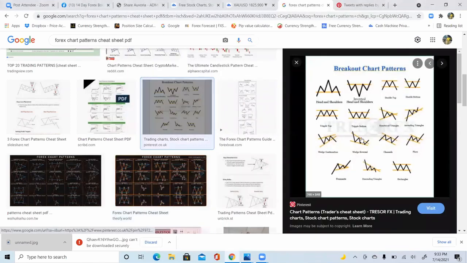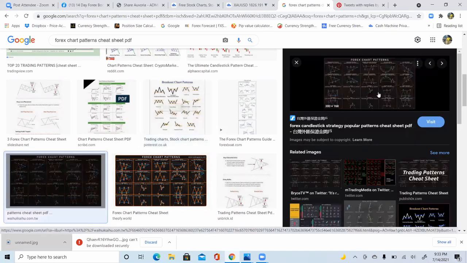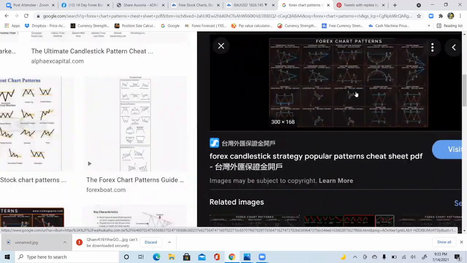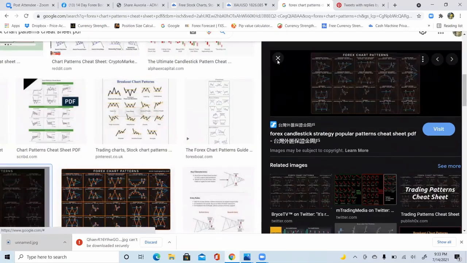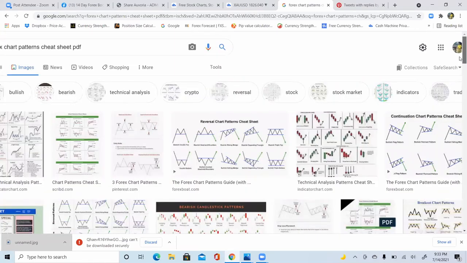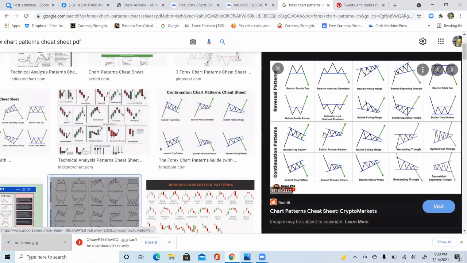Let's use this one. So now that you understand the candles, they also make shapes. And I'm just going to focus on a couple of shapes that I like to personally trade myself. Let me see if I can zoom in. Nope. Give me one second. Here we go, I'll use this one.